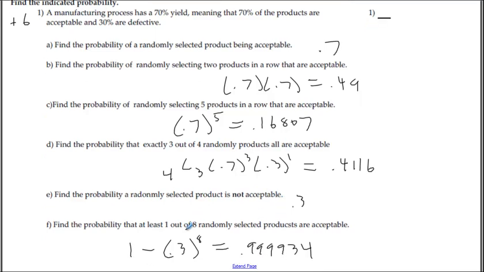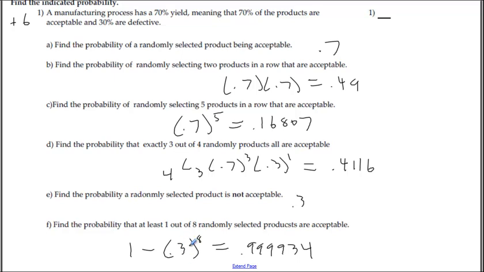And then this was a little tricky for some people. What's the probability that at least 1 out of 8 randomly selected products are accepted? At least 1 out of 8. So that's 1 or 2 or 3 or 4 or 5 or 6 or 7 or 8. Instead of finding all those probabilities and adding them up, the easier way is to find the complement, which is 1 minus the opposite. The opposite of getting at least 1 good would be getting none good. So the only thing that would not satisfy this is 0 acceptable.